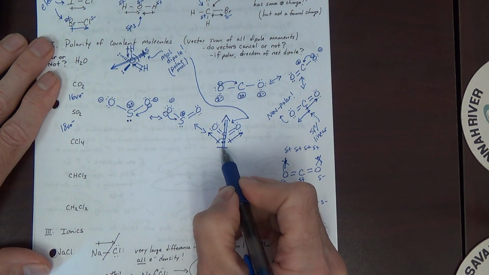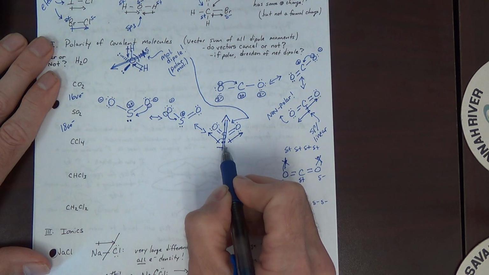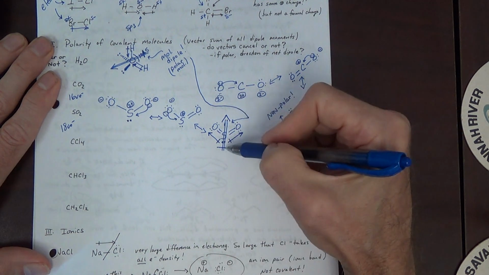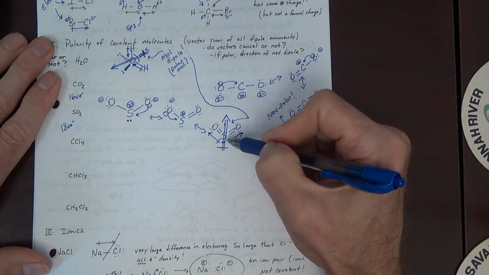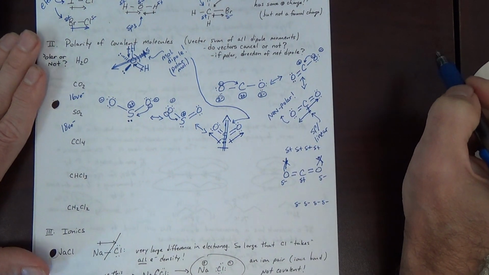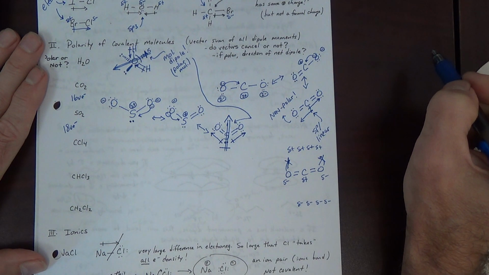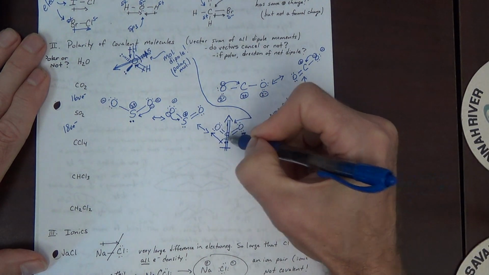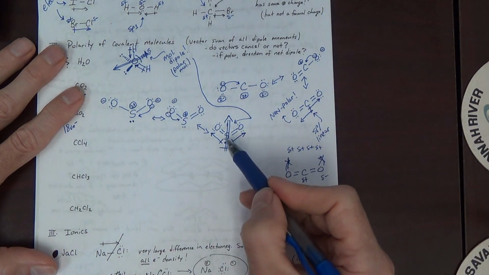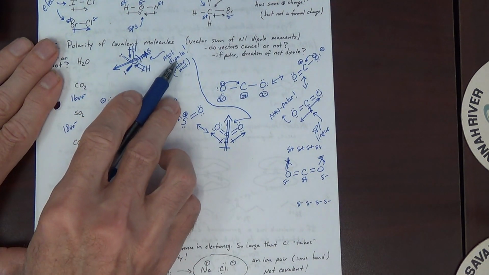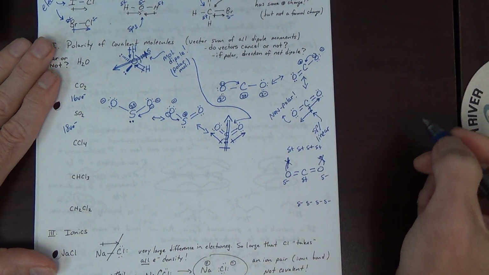This area over here, partial positive. A little bit counterintuitive. This area over here contains a lone pair of electrons. How is that partial positive? Well, it may not be a large dipole, but this is theoretically the direction of the molecular dipole moment, largely governed by the oxygens being more electronegative than the sulfur. So SO2 is actually a polar molecule where CO2 was nonpolar.